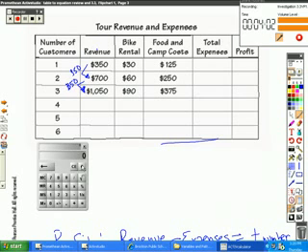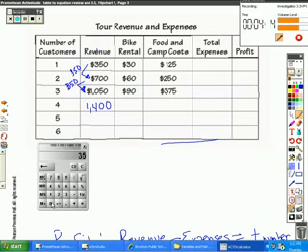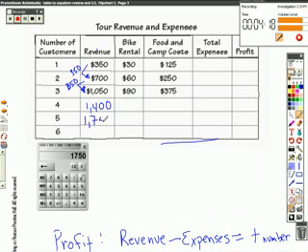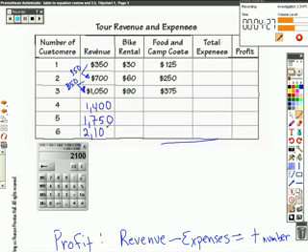So I'm going to take the 1050 and add 350. My next one should be 1400, plus 350, 1750, plus 350, 2100. All right, that takes care of revenue.